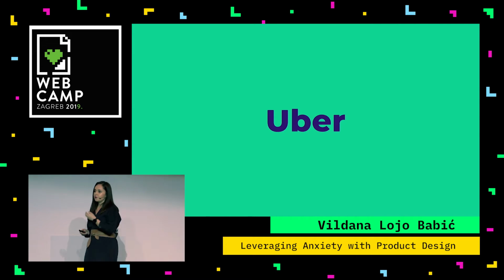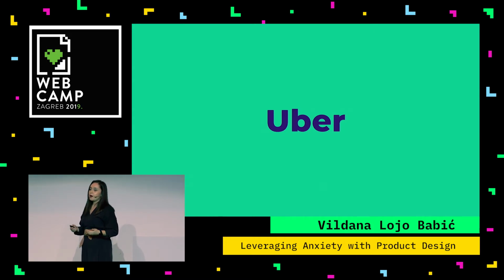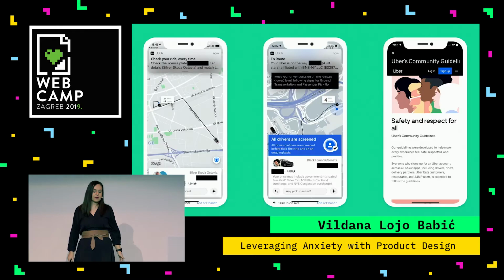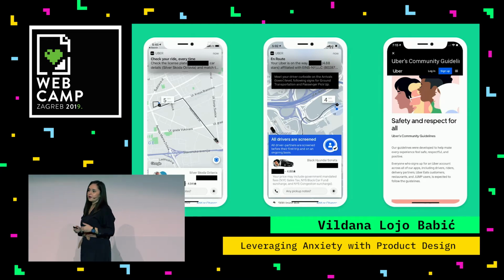But I also was feeling this huge anxiety because I knew that my loved ones were also feeling anxious, wondering what am I going to do, where am I, and what is happening with me. Uber solves it really nicely. They do have this security indication so that you can always feel aware and secure that all of their drivers are screened.